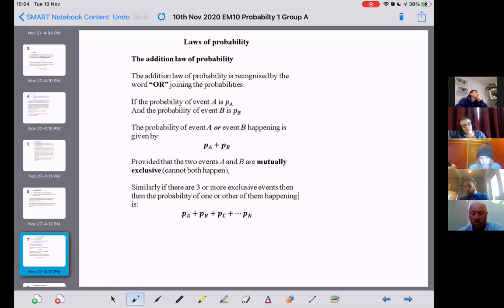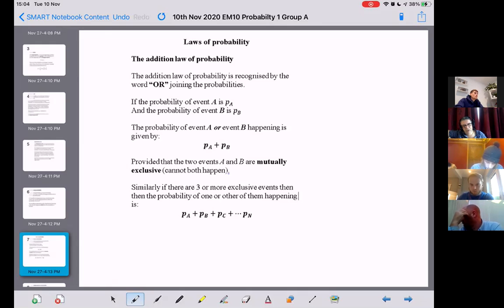Laws of probability. The addition law of probability is recognized by the word "or" joining the probabilities. So if the probability of event A is P(A) and the probability of event B is P(B), the probability of event A or event B happening is the probability of A plus the probability of B, provided the 2 events A and B are mutually exclusive, i.e. they can't both happen.